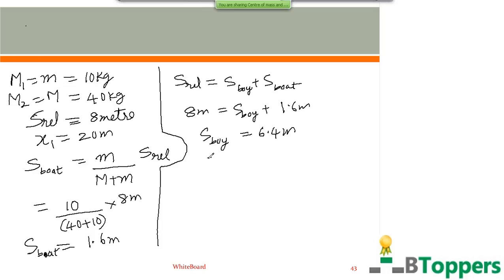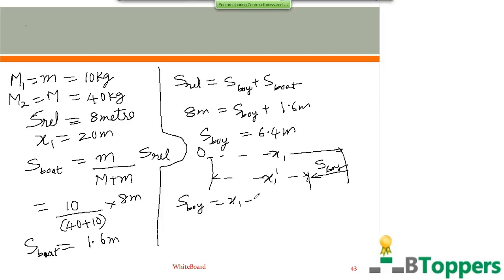If x1 is the initial distance of the boy from the shore and x1 dash is the new distance of the boy from the shore, choose the origin at the shore. The magnitude of the actual displacement of the boy toward the shore is equal to x1 minus x1 dash.